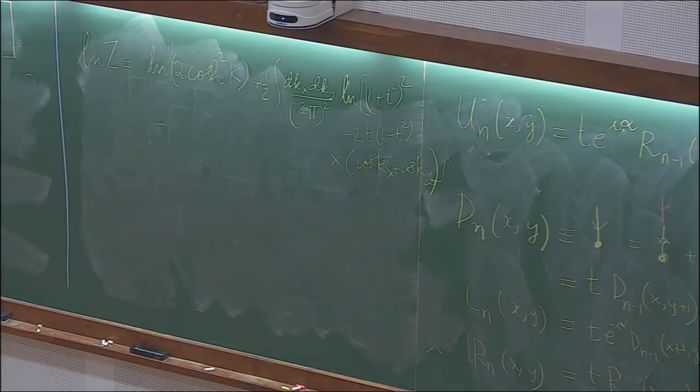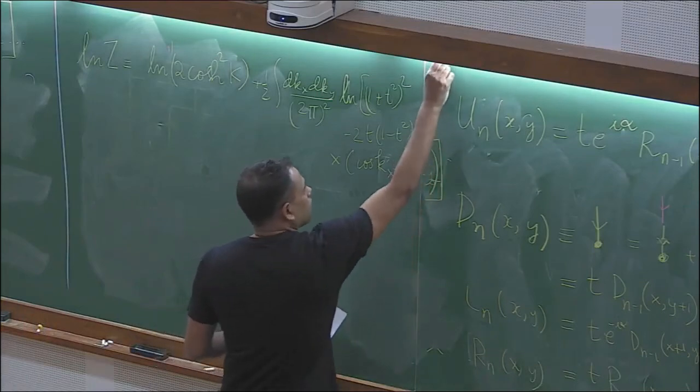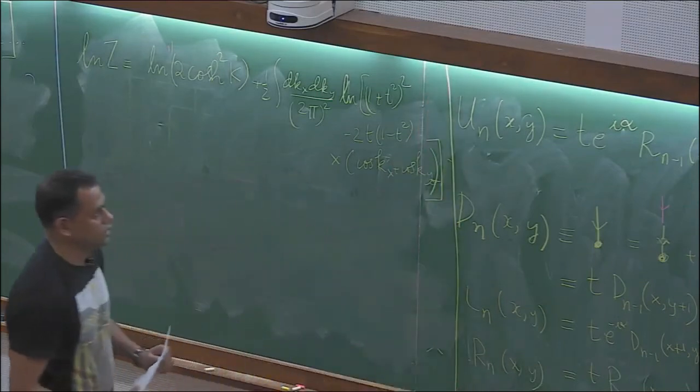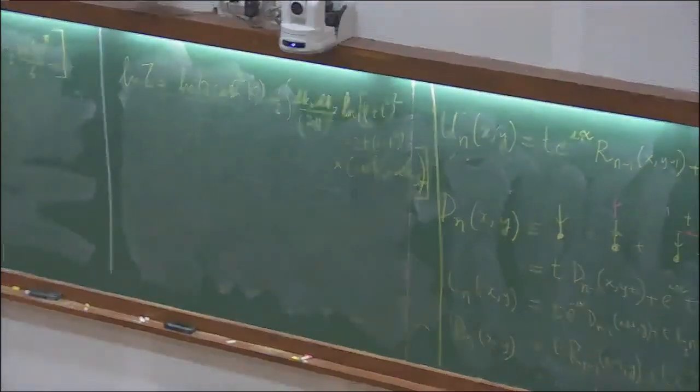Some integral of kx and ky. The logarithm stops somewhere here. So this is the full expression for the partition function for the Ising model, free energy.